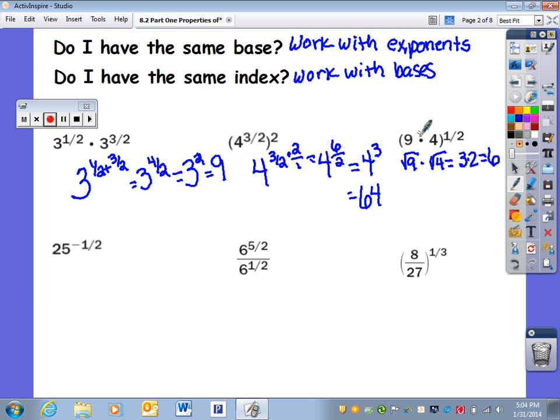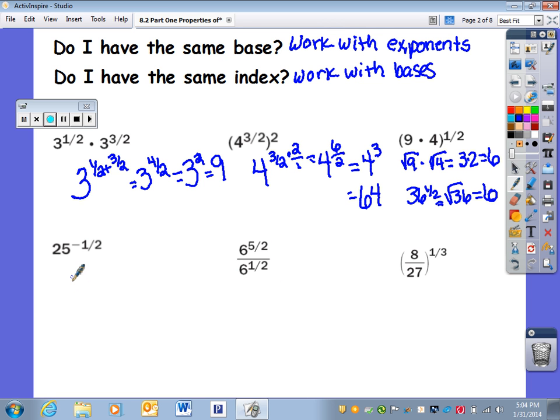Or we can do it this way. We can multiply 9 times 4, which is 36, and then 36 to the 1/2 power simply means the square root of 36, and the square root of 36 is 6. So you can see that there are a couple of different ways to work out that one.